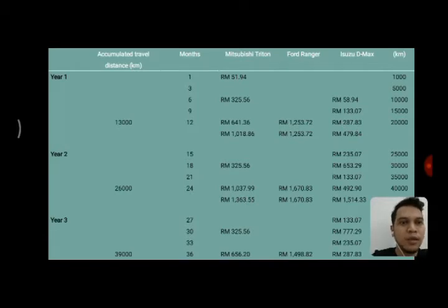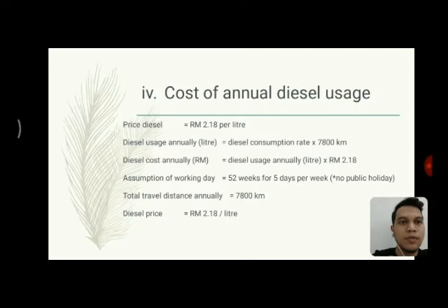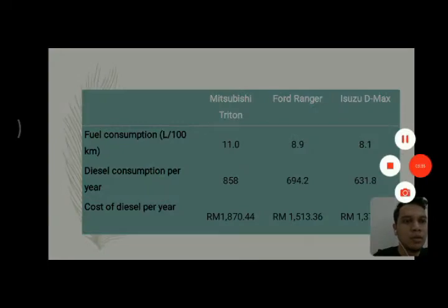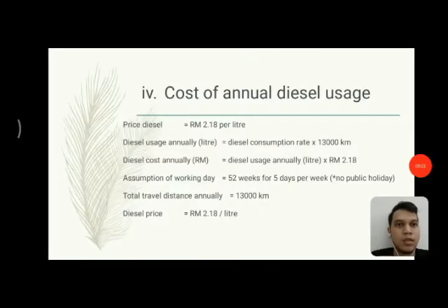Okay, next, for the cost of annual diesel usage, the diesel price that we use is 2 ringgit 80 cents per liter.